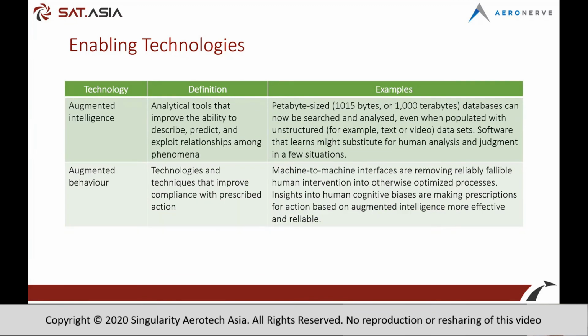Okay, next technology we're talking about is augmented intelligence. By definition, it is an analytical tool that improves the ability to describe, predict, and exploit the relationship between phenomena.